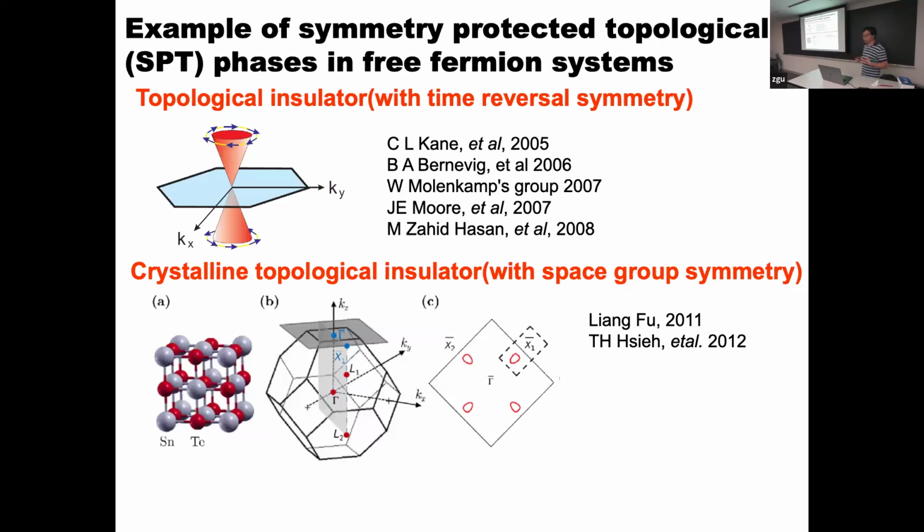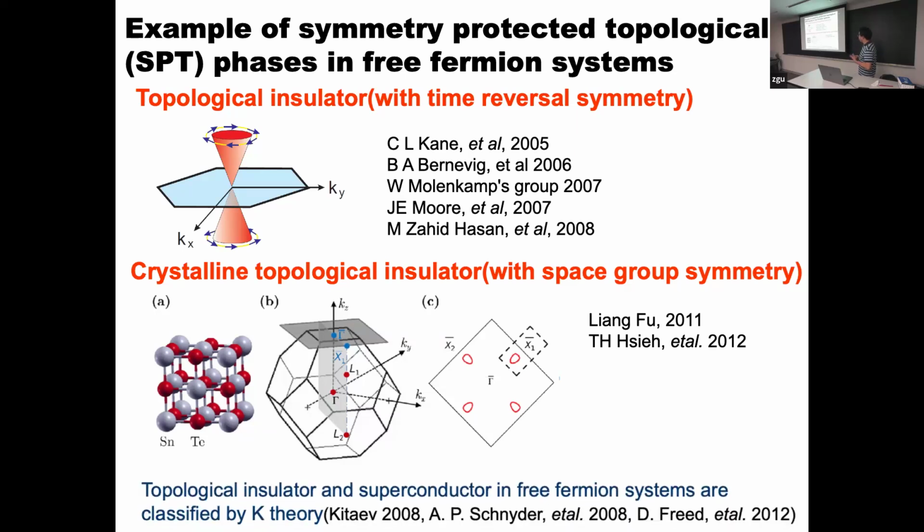And in recent years, after this discovery, Liang Fu, professor from MIT, proposed that even with crystalline symmetry, maybe there could also be some non-trivial insulating states. Their argument again starts from the free fermion system to look at the surface, where a lot of interesting phenomena arise.